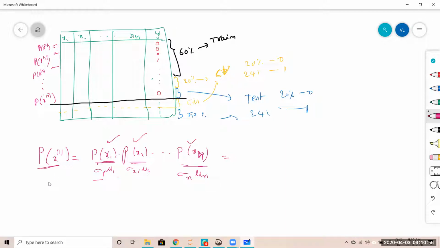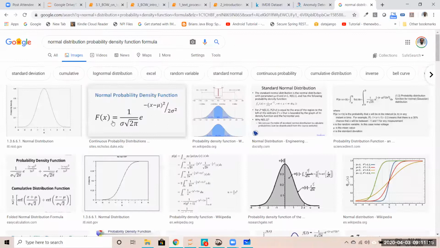The second record is the same thing, the third record also, like that. So mu and sigma are the same, but x is changing. In this formula, the mu and sigma are the same, pi is constant, but x is changing. With x changing, the probabilities will change.